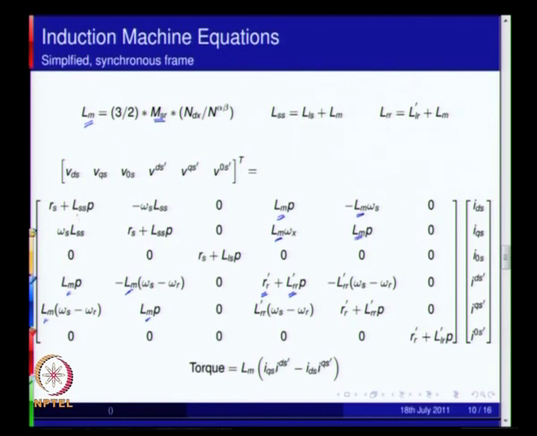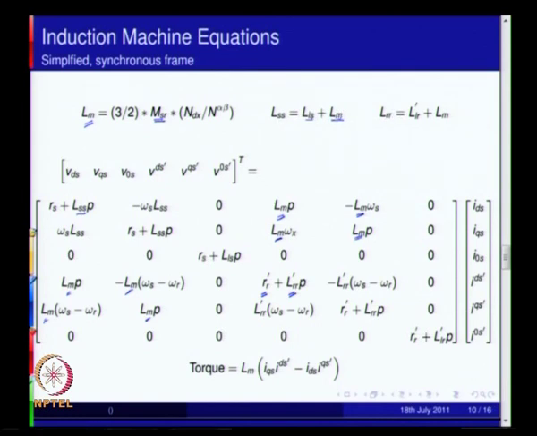Now this LSS was LS plus 3 by 2 times the magnetizing inductance of the stator phase, and now that the mutual inductance has been multiplied by the number of turns and is also multiplied by 3 by 2, that is the same number that is going to come here.